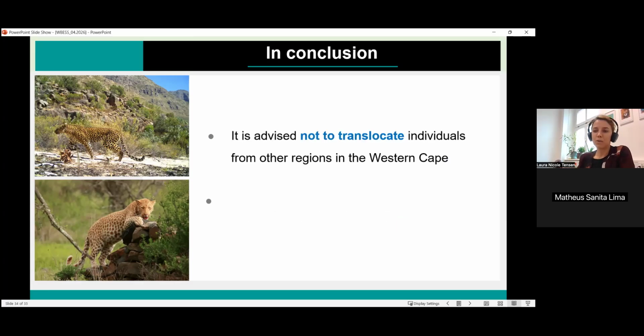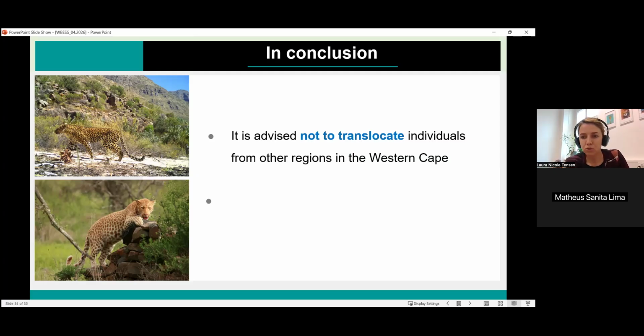So typically when we spoke about these evolutionary significant units earlier, typically it's advised not to translocate between populations when there's no signs of inbreeding depression and there's no need for genetic rescue, for instance, then typically it would be advised not to translocate individuals into the Western Cape. Leopards are being translocated a fair amount because of human-wildlife conflict.